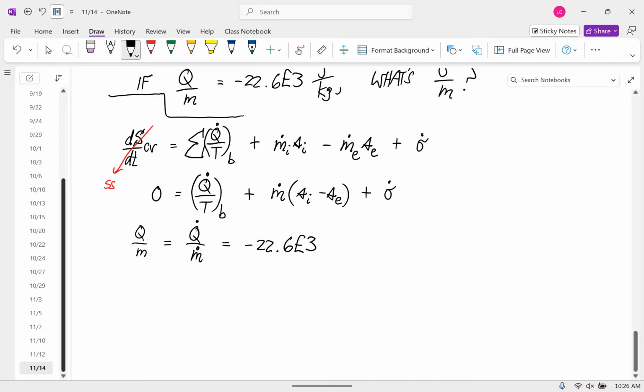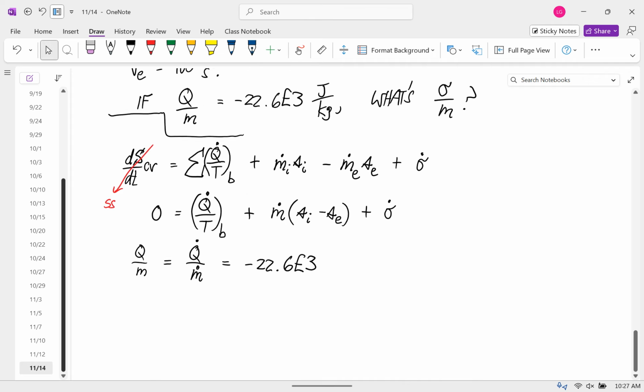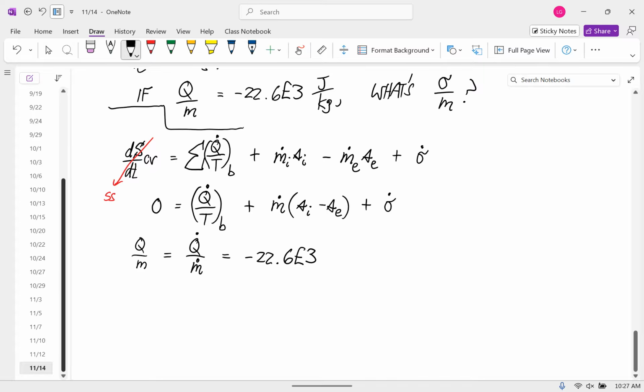So now I'm going to divide everything by m dot. We're trying to find sigma over m, right? So it'd be nice to get rid of this m dot here and get an m dot over here.